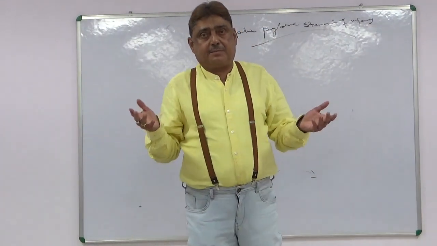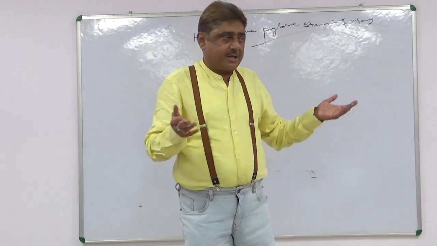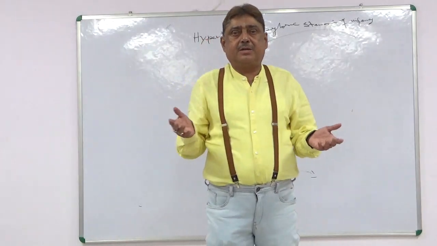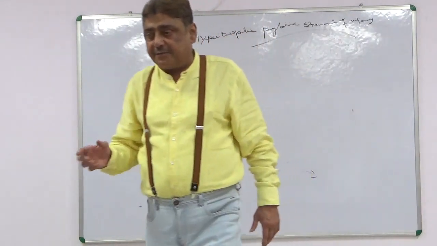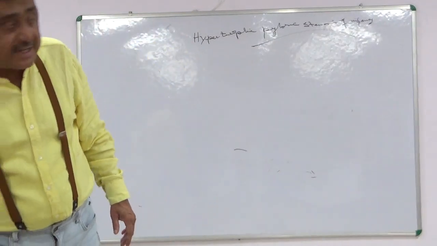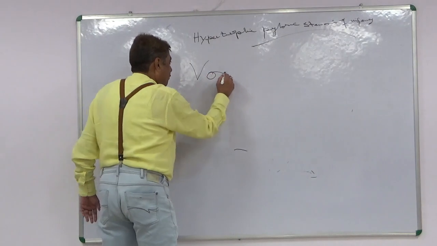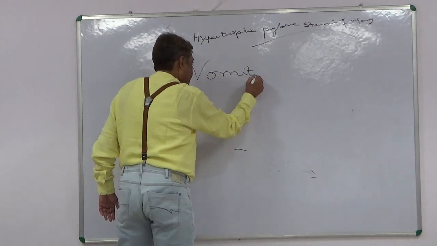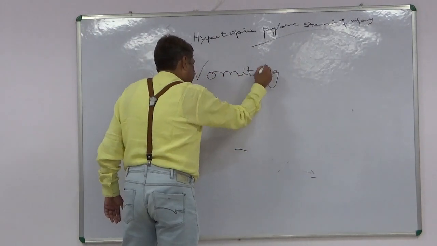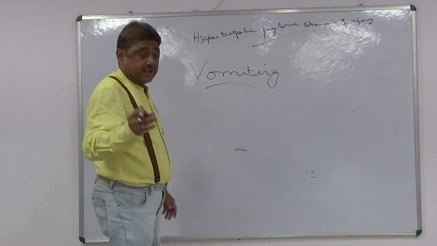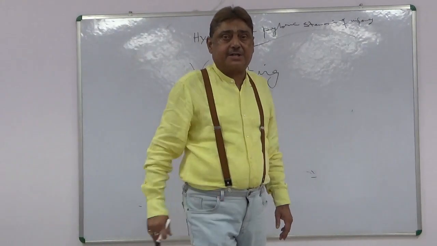Now, how does it present? Since the passage is blocked, of course, the first and foremost presentation will be vomiting. What are the characteristics of vomiting in this condition?